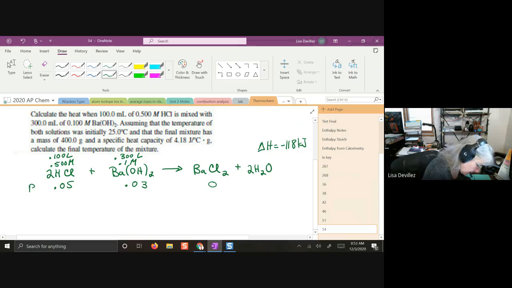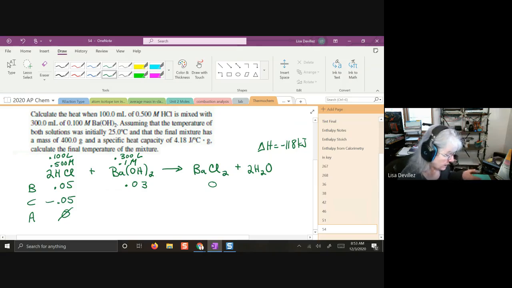So essentially, we're just looking to see what the change is, and then we'll use that. So let's see, 0.03 times 2 is 0.06. So the HCl is going to be my limiting reactant.